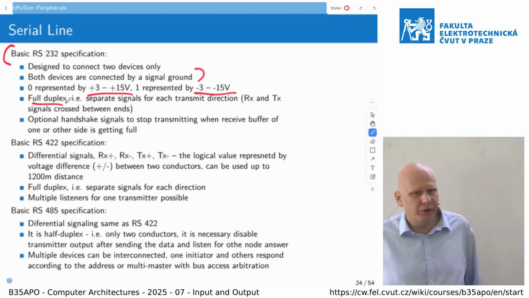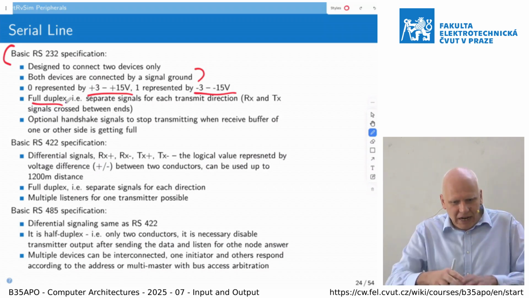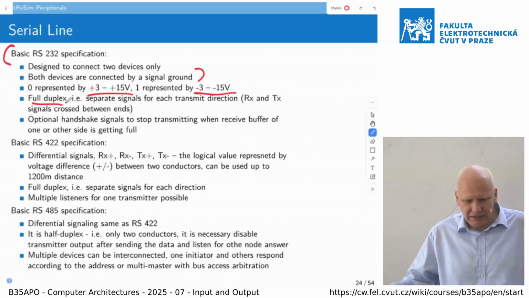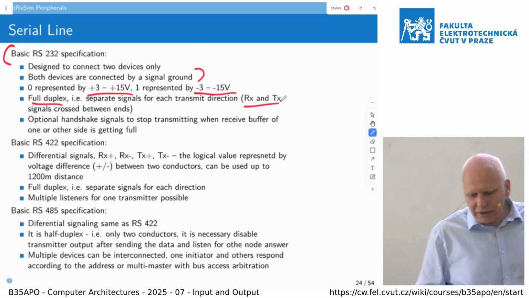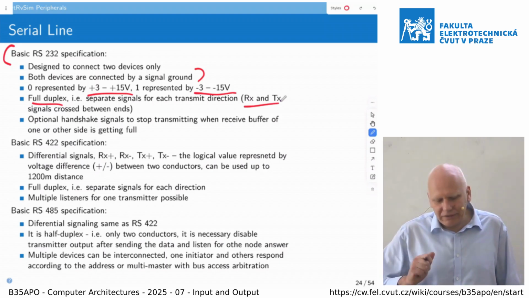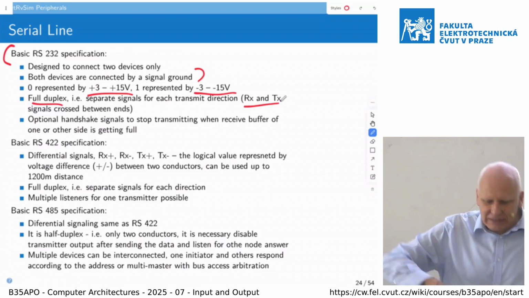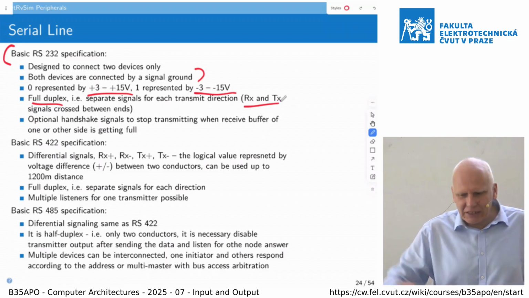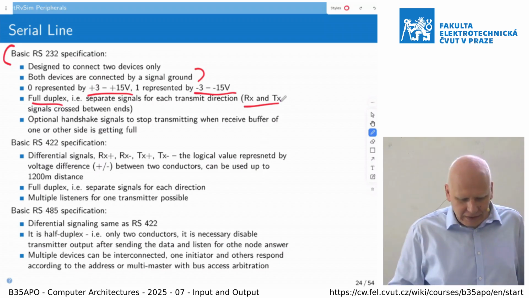It has been used, for example, to combine a keyboard terminal with keyboard and some output to the printer or to the screen. So there are two pins, one for sending, one for receiving, and the other side has crossed them. So basically what is my TX pin is the receiving pin of the other party.